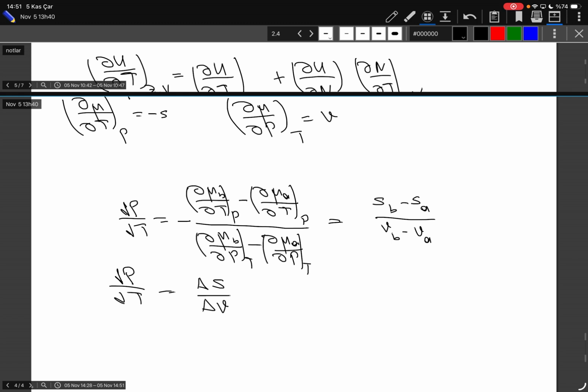That heat given is called the latent heat of fusion, the latent heat. Well, per particle, the change in the entropy is the heat given to the system divided by the temperature. Well, the heat given is what we call the latent heat of fusion. So this is nothing but L over T times delta V.